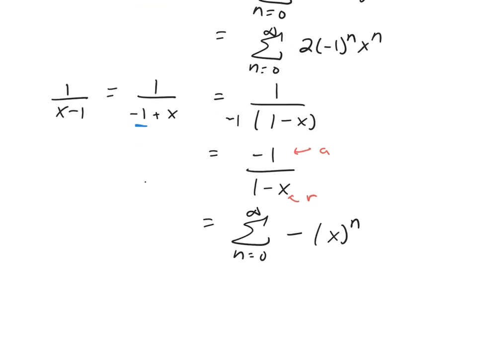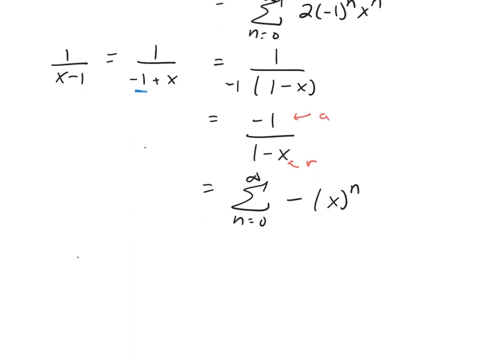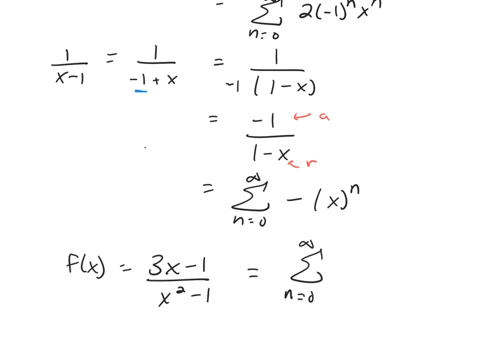So to get my function, which was (3x minus 1) over (x squared minus 1), all I have to do is take these two power series and add them.